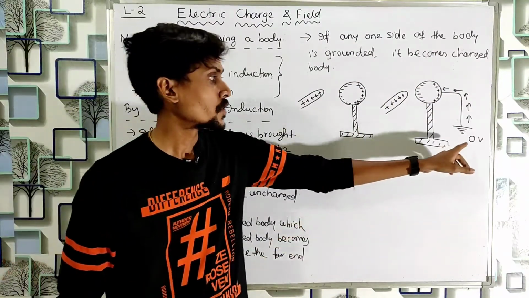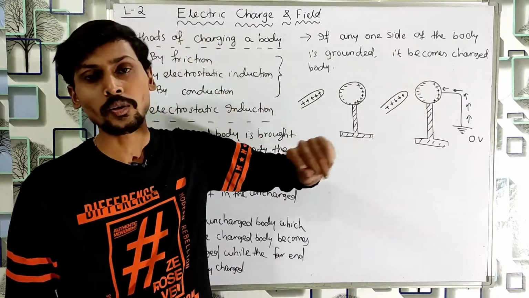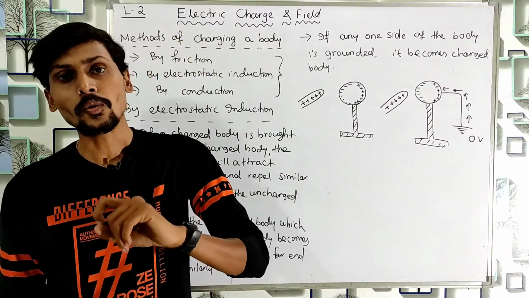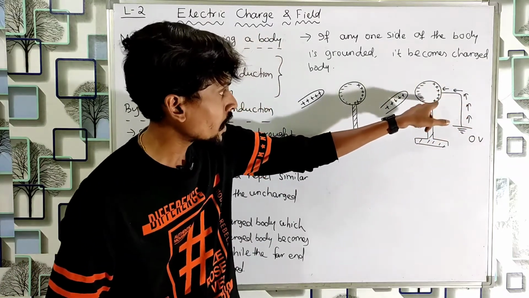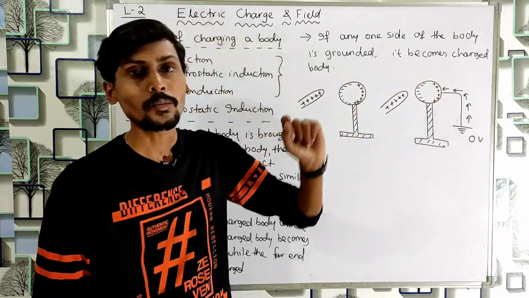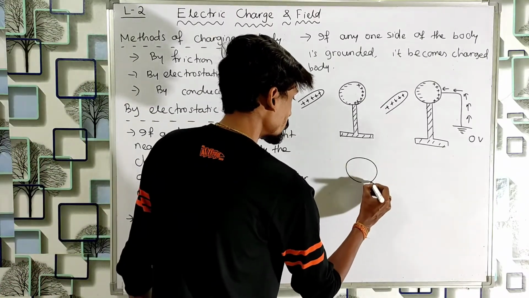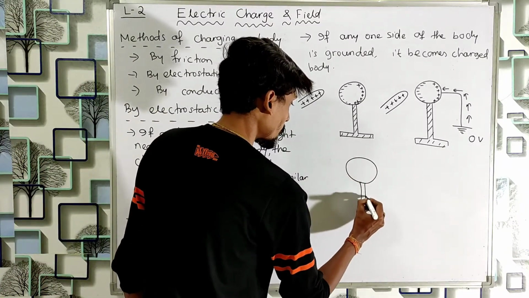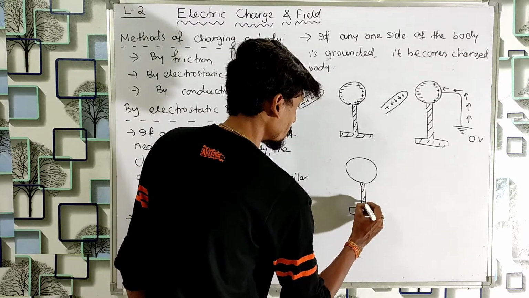So the ground is at lower potential, this end is at higher potential, so electrons always flow from lower to higher potential. So now you'll see that the electrons will flow to this end and they will neutralize the positive charges. Now what will happen? We have this metallic sphere, all the positive charges now are vanished.